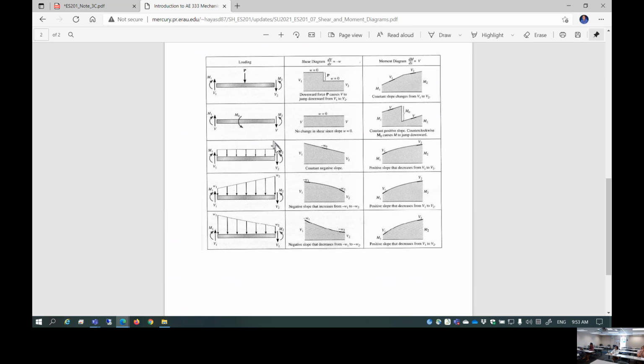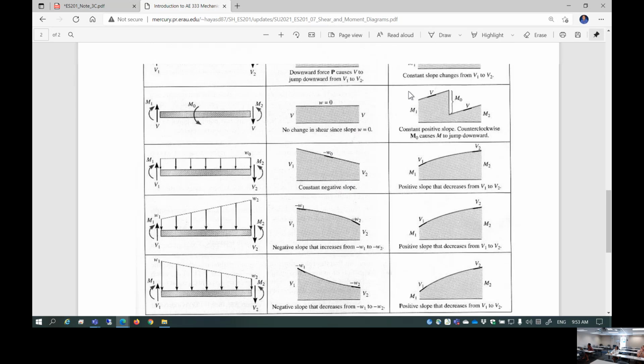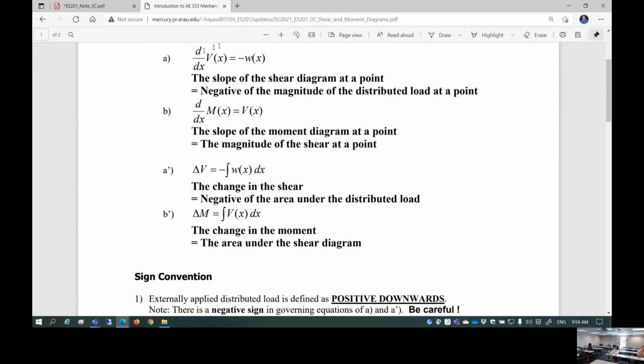Once you introduce the distributed loading, this is going to be the slope of the shear diagram. So the shear is no longer constant. Okay, so you have to deal with that. This is governed by two equations. This equation and that equation.